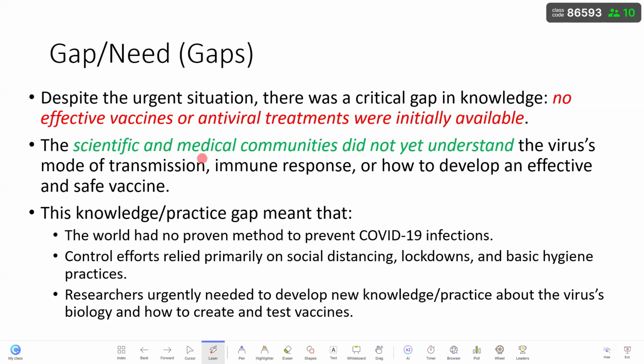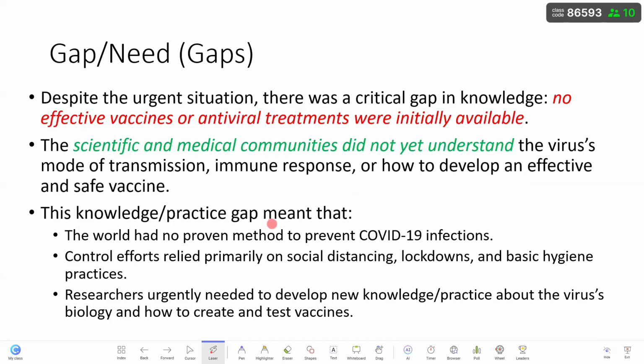Also, the scientific and medical communities did not yet understand the virus's mode of transmission and immune response, so how to develop an effective and safe vaccine. So there was a practice gap as well. The theoretical or knowledge gap, and at the same time, the way we handle it. People didn't know how to handle it. So that is the practice gap.